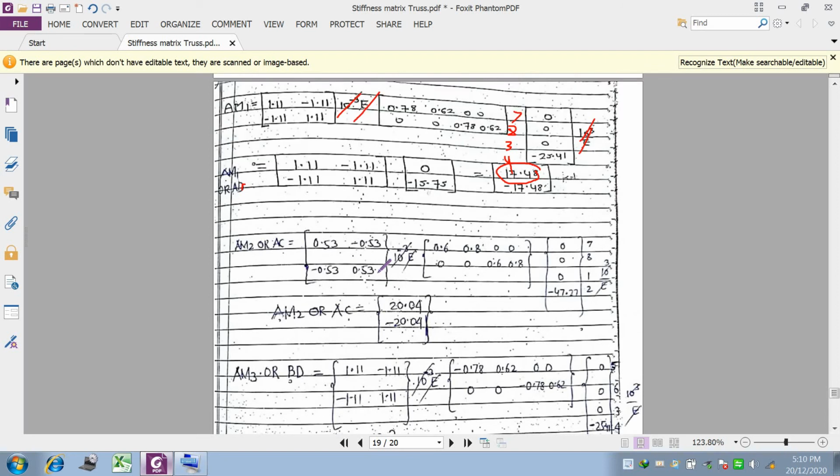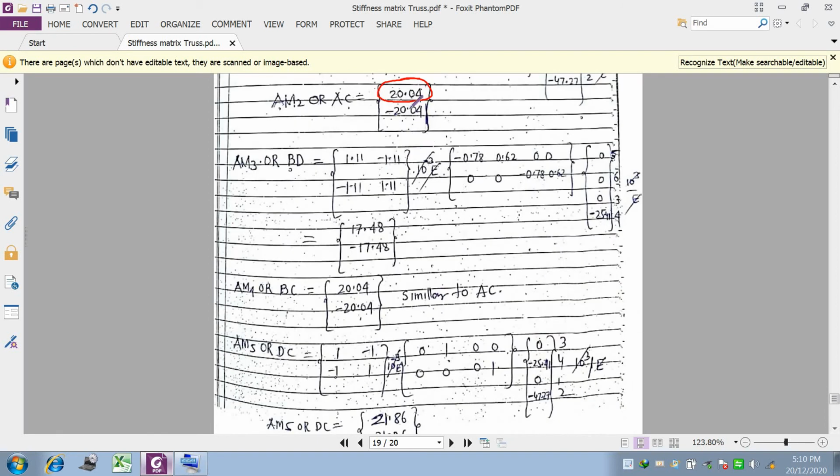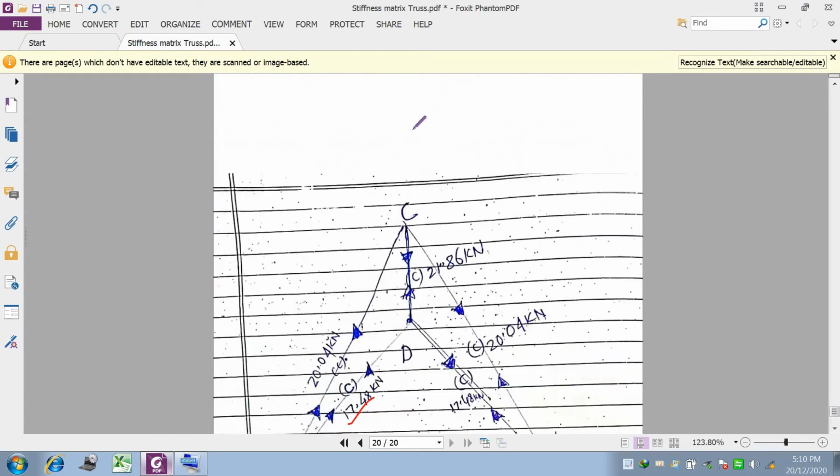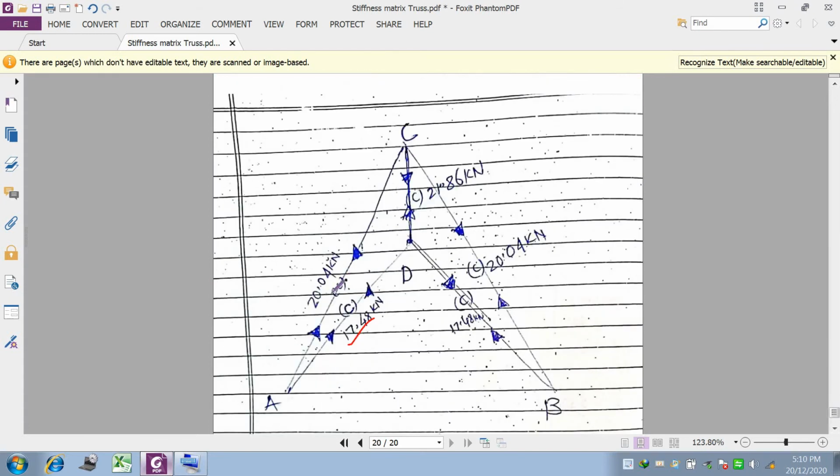Similarly for the second case, AC, it is 20.04 and it is also tensile positive, so we have to put a minus here. And at the start of the numerical I told you that whatever value we get on the left side, the exact value we will get on the right side, as it is symmetrical about the y-axis.